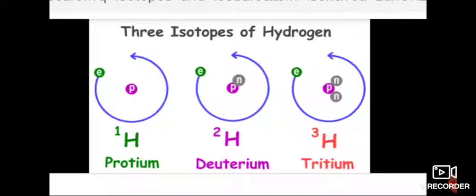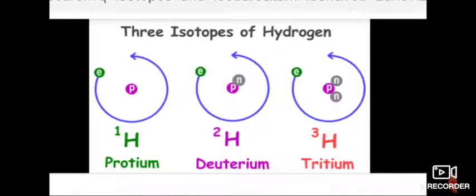So what is the mass number of protium? 1, with atomic number 1. What is the mass number of deuterium? 2, with atomic number 1. So if you know the atomic number and the number of neutrons, you can calculate the mass number. That means mass number is equal to the number of protons plus the number of neutrons.